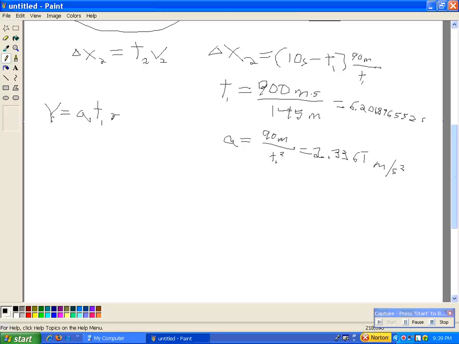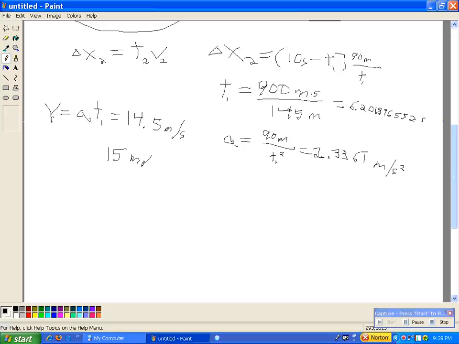So if you plug in A and T, you get 14.5 meters per second, or in sig figs, it looks like there are 2, so the correct answer is 15 meters per second.